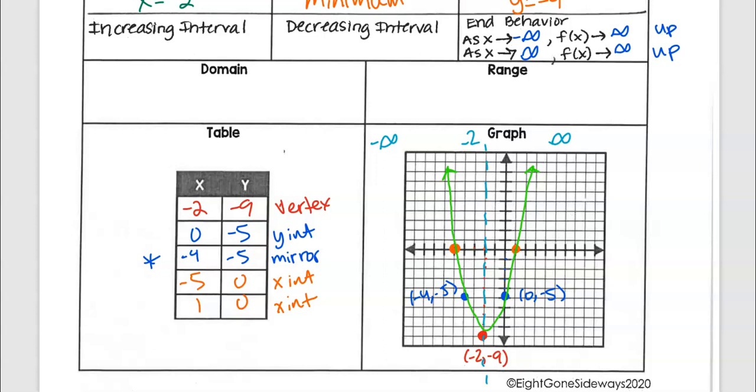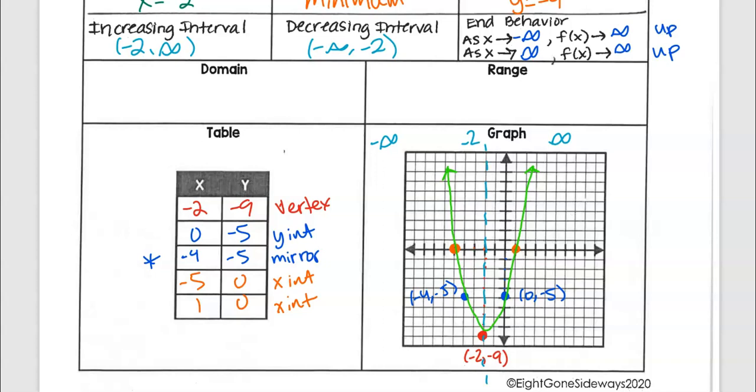She's going down. Good, that's my decreasing interval. From -infinity to -2, we are decreasing as we walk along. And then we hit -2 and we start climbing up. So from -2 to positive infinity, we are increasing our y values.